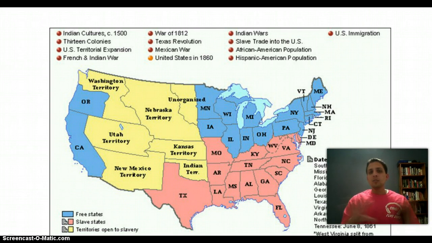So these wars act as turning points for the North and like wake-up calls to live up to the ideals that they're putting forth in these documents, like the Declaration of Independence in the American Revolution, and in the Civil War, these amendments and these civil rights movements that they're trying to facilitate in the South.